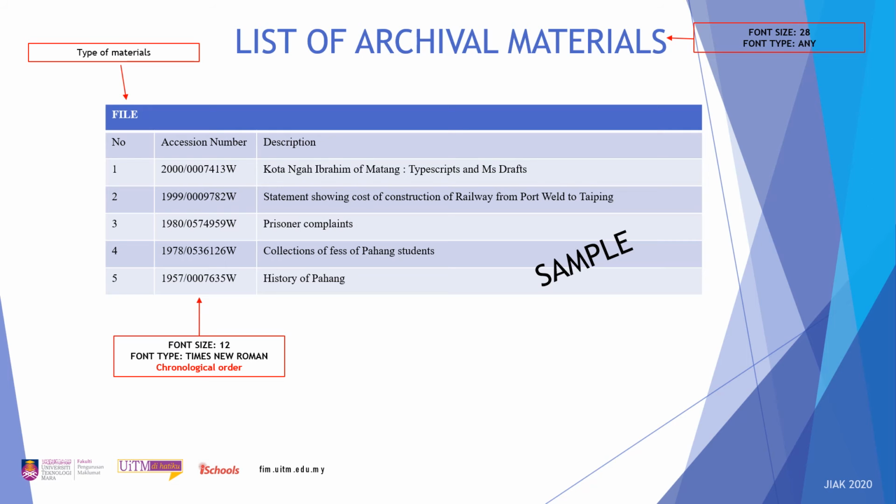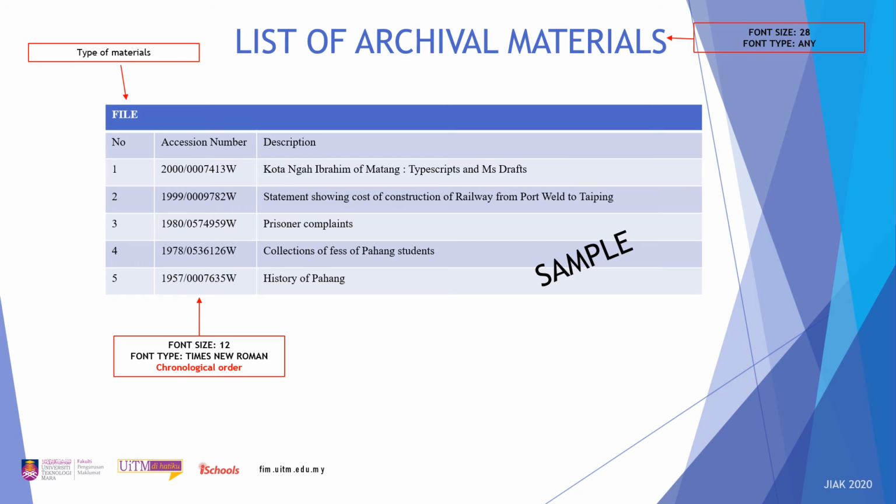If, let's say, it's not a file, maybe a magazine or document, you have to put it on another page. Alright, how do you list the session number? You have to follow chronological order. As you can see here, this one is the latest, 2000, and this one is the oldest one.